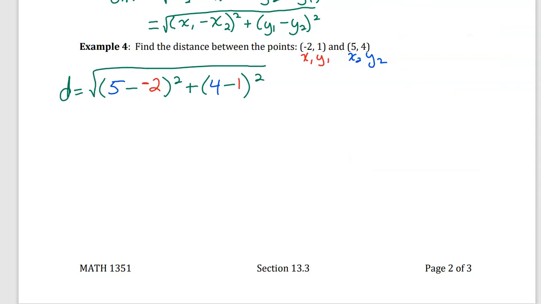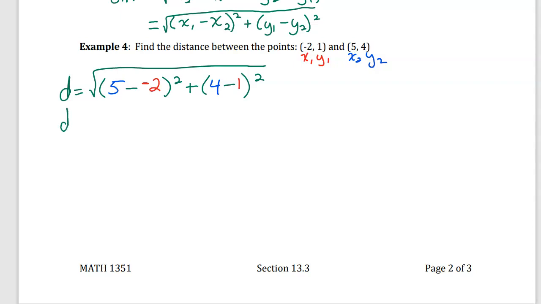So you'll notice where I put all the green is from the original formula. Square root, this minus sign, square, this plus sign, this minus sign, the square. Okay? The blue is coming from this second point over here. The red is coming from this first point. So you'll notice blue comes first, red is second. Okay?